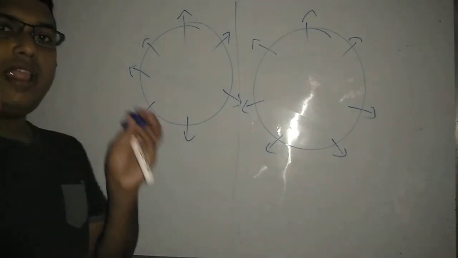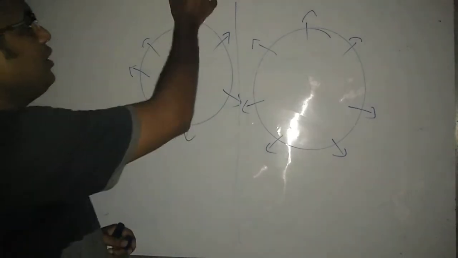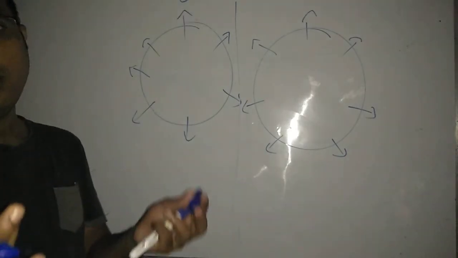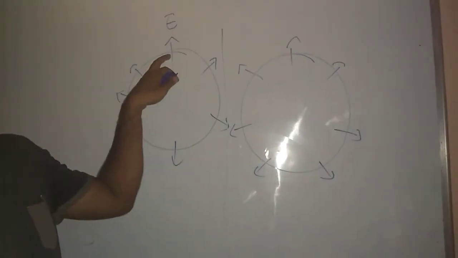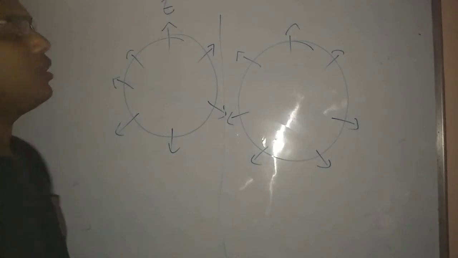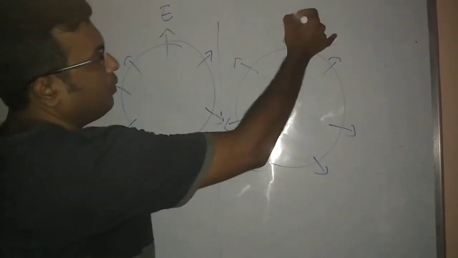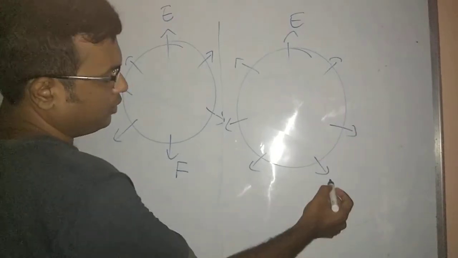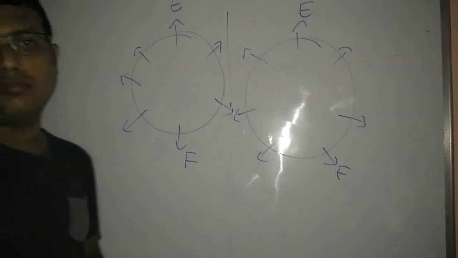So put E here. If any member is facing outside, you take this point as the reference point, so that you can easily determine the left and right side of the person. So 1, 2, 3, F is here. Similarly E is here, 1, 2, 3, that means F is here. F is third to the right of E, right?